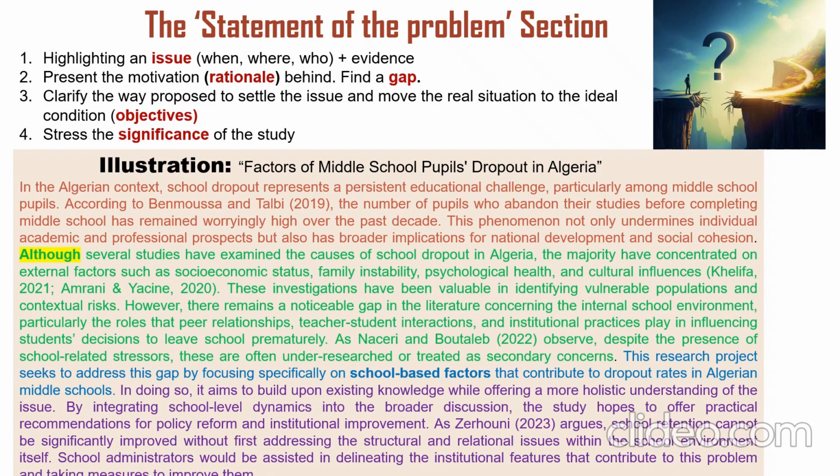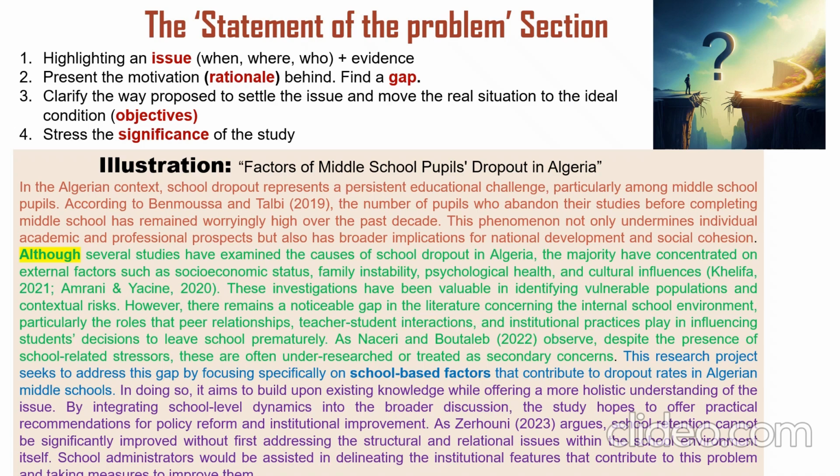And then he moves to talk about the practical benefits of the study. By integrating school-level dynamics into the broader discussion, the study hopes to offer practical recommendations for policy reform and institutional improvement.